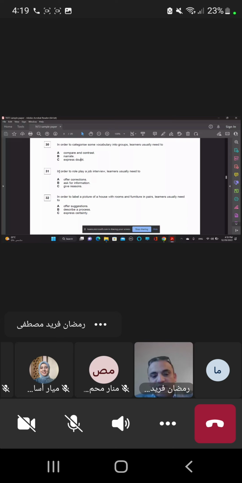I think both A and B are correct, but C, express certainty, is not correct. Again, in order to label a picture of a house with rooms and furniture in pairs, learners work together doing an activity, labeling rooms and furniture of a house. Meaning we want to say, this is the house, this is the bedroom.